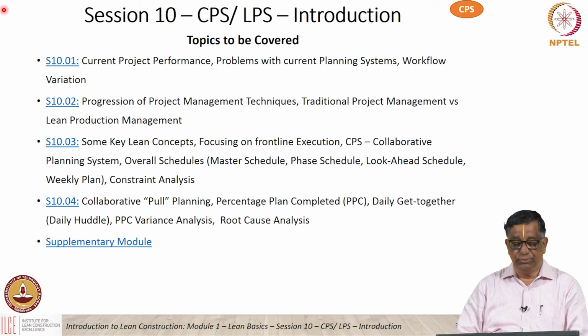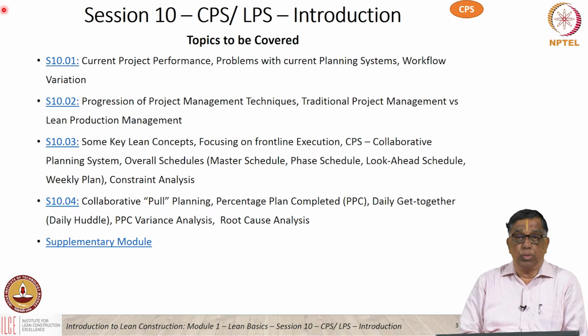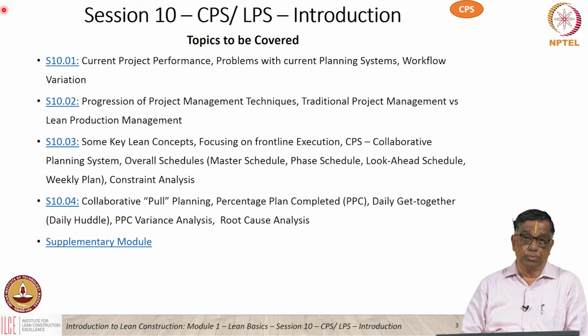And if you look at the first session, S10.01 to 04, initially we will cover the current project performance, what things generally go wrong, and then we look at the progression of project management techniques over a long period, and about traditional project management versus the lean project management.